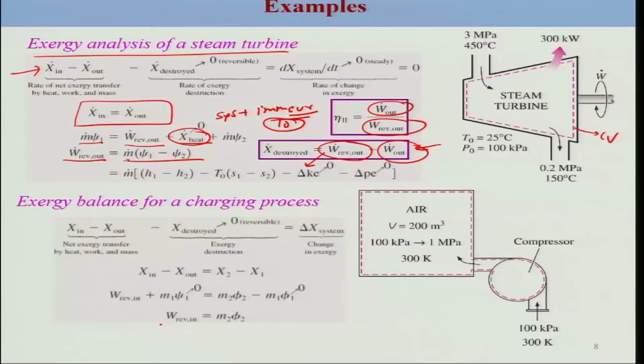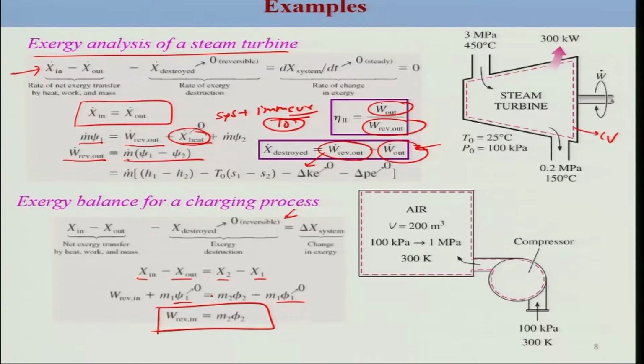Okay, now in order to find the minimum work, we have also considered here a reversible process. So X destroyed is going to be 0, and X in minus X out is basically X2 minus X1. Your X1 and phi is 0 because initially the air in the tank and the air entering are at the same state as the environment, and hence your psi 1 and phi 1 are basically 0. Okay. So this is going to be your minimum work required for a process which is reversible.